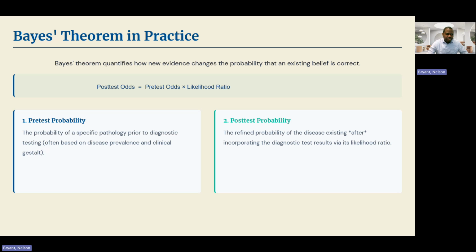I will not bore you much about Bayes theorem in practice, but this is a mathematical concept which is foundational to diagnostic testing. It helps quantify how new clinical evidence, like a lab result or physical finding, changes the probability that a patient has a specific disease.